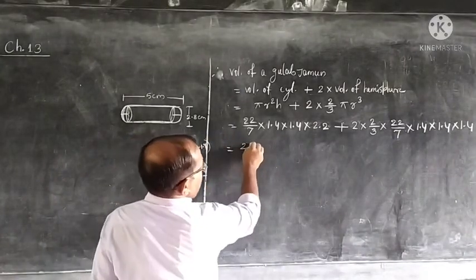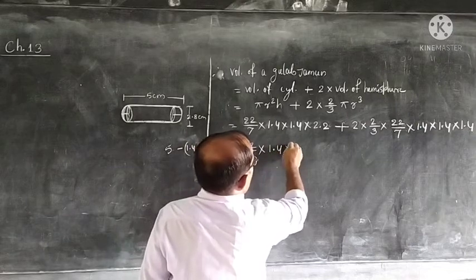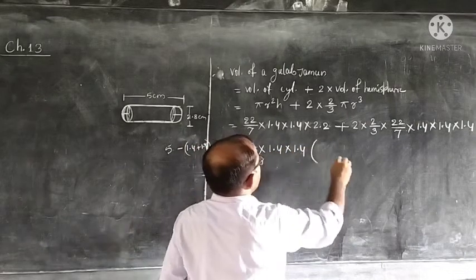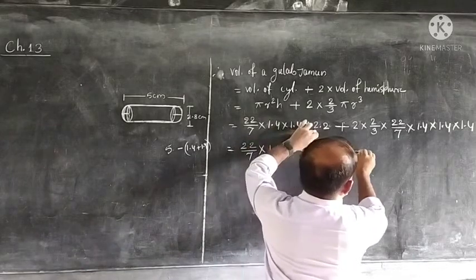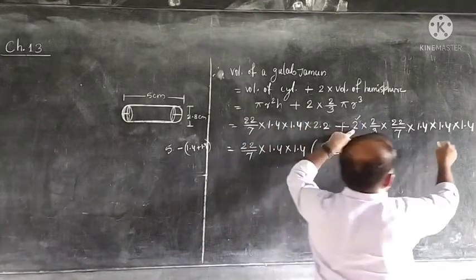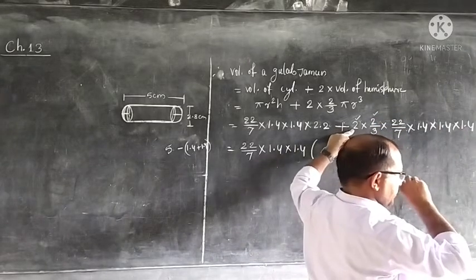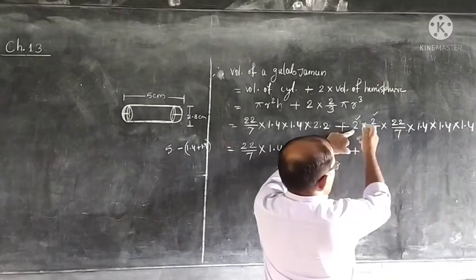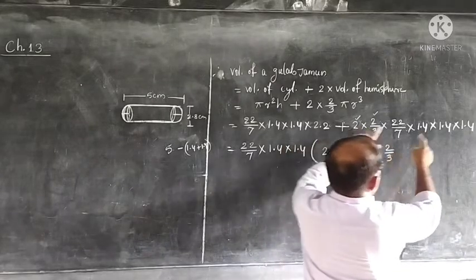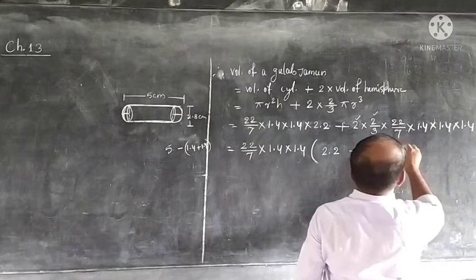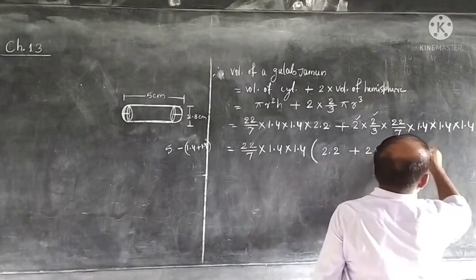We take common 22 by 7 into 1.4 into 1.4. Remaining here 2.2, this 2 remains, 2 by 3 also remaining, these 2 are out, into 1.4, also 1 is remaining.